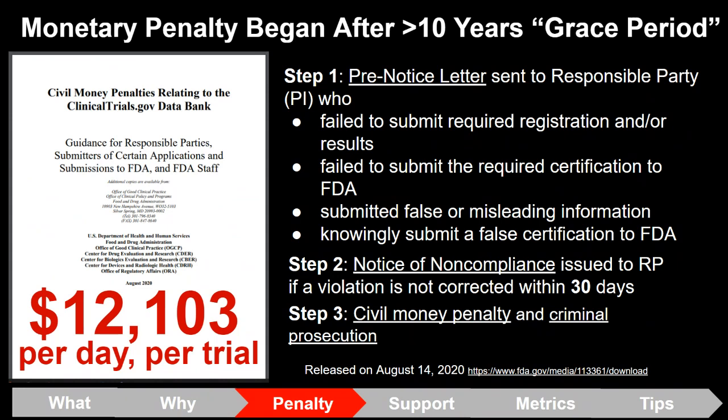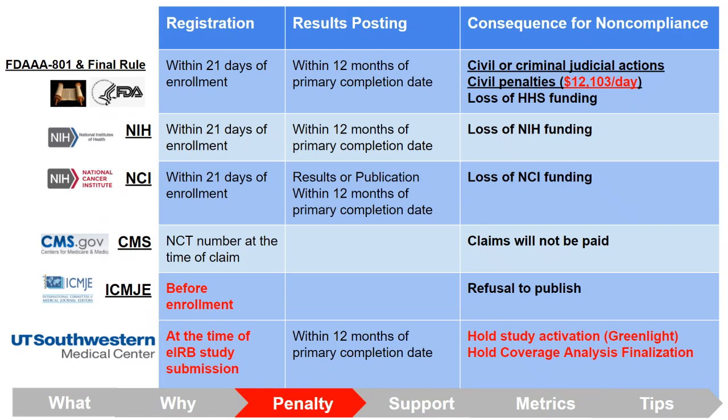The FDA recently released a guidance document describing the process of collecting fines from investigators. This is a pretty drastic fine and a good reason why we want to stay in compliance. And here are other consequences for late registration and results reporting for your reference.